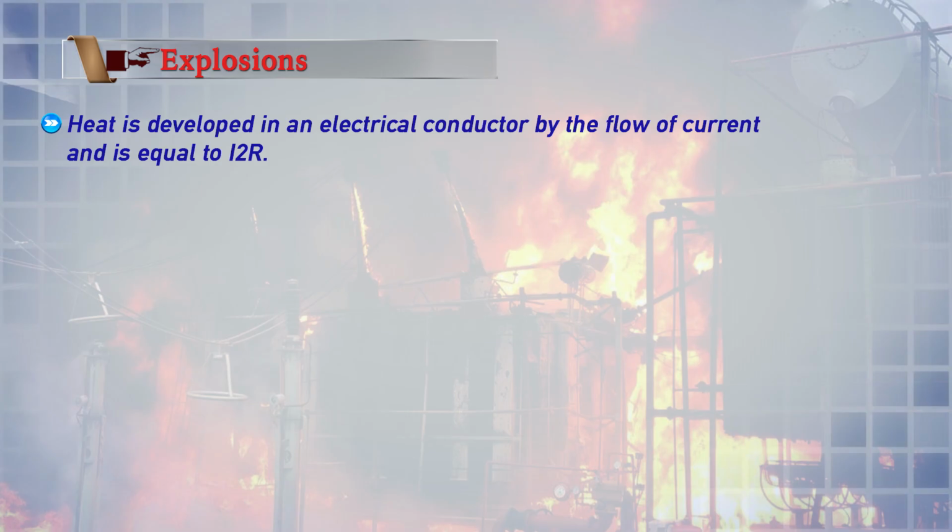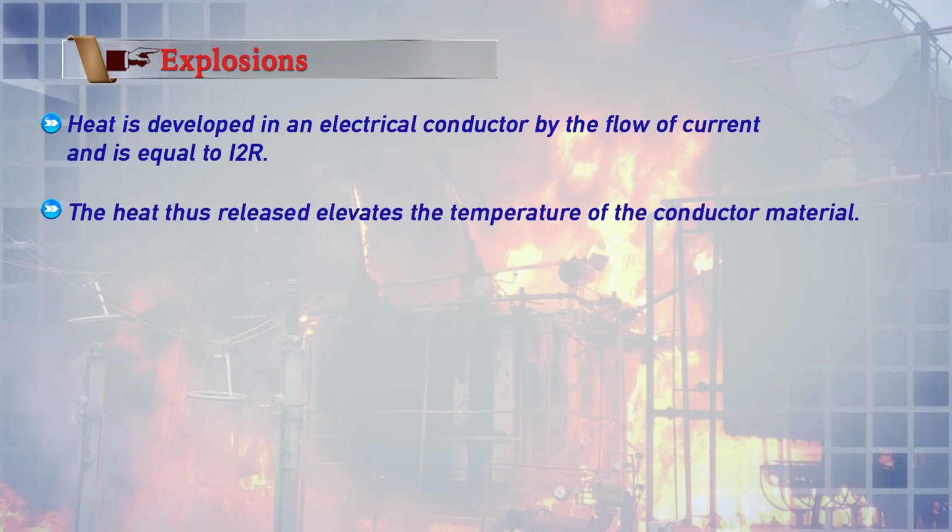Heat is developed in an electrical conductor by the flow of electric current and it is equal to I squared R. The heat thus released elevates the temperature of the conductor material.